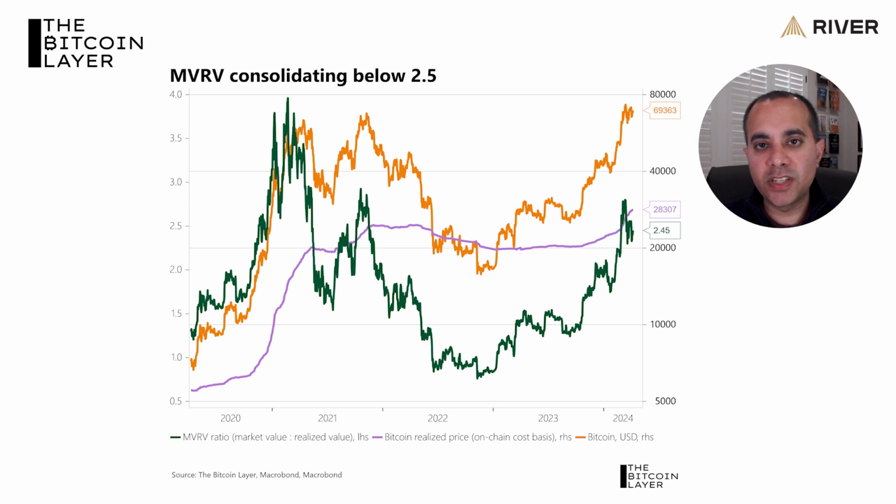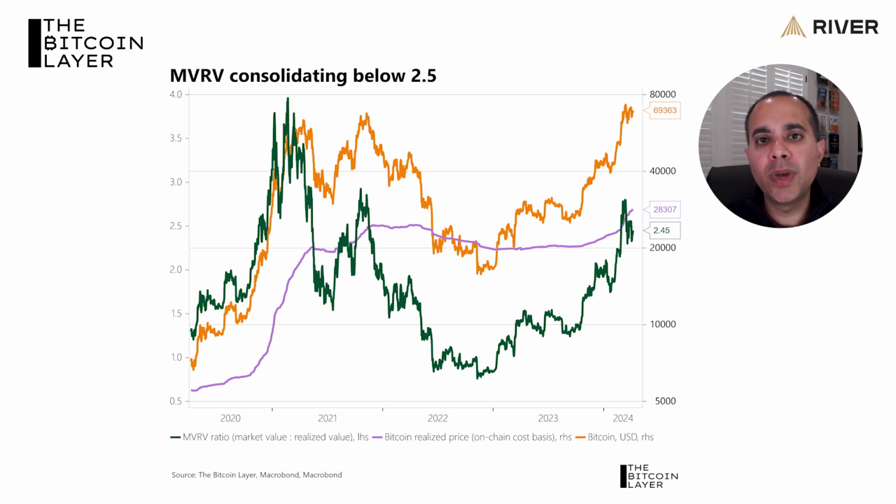It means Bitcoin is moving on the blockchain at much higher prices, at prices that are currently $60,000 to $70,000. These coins that are being moved right now on the chain have last moved much, much lower, so in the range of 40,000 or 20,000 even. And so coins are being moved at a much higher cost basis.